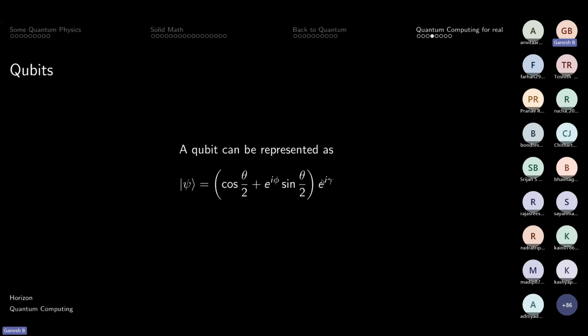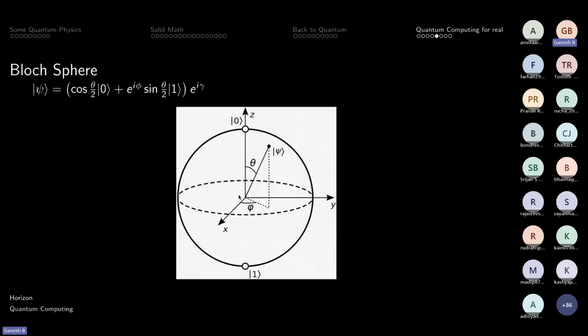We have two other parameters here, theta and phi. When you vary theta and phi, you obtain different possible states of the spin of that electron. This can be made visual with something called the Bloch sphere.